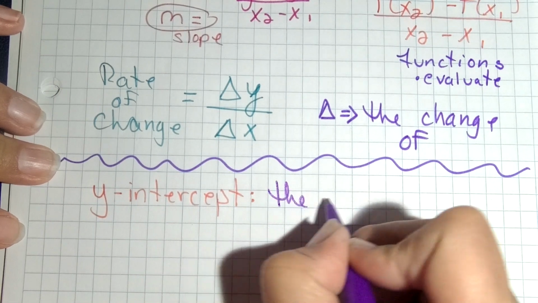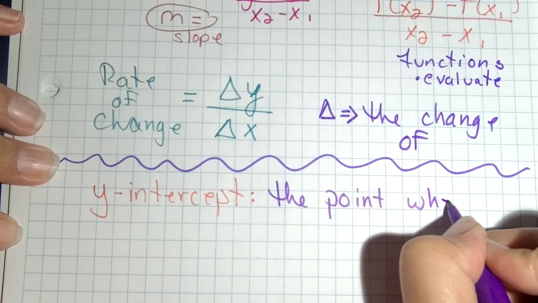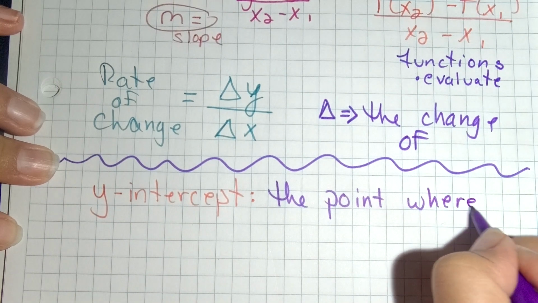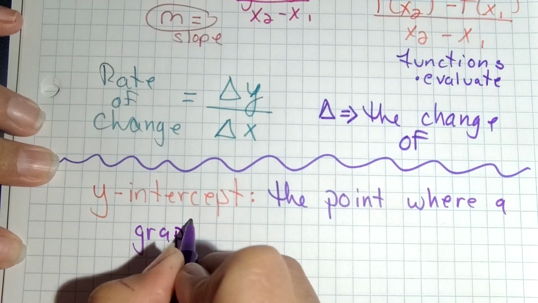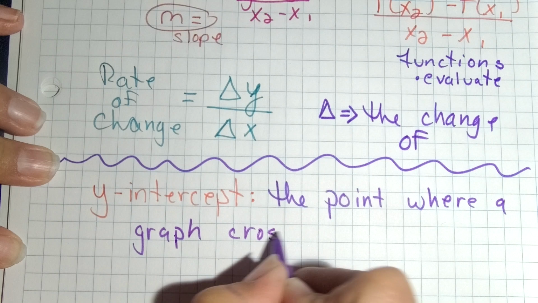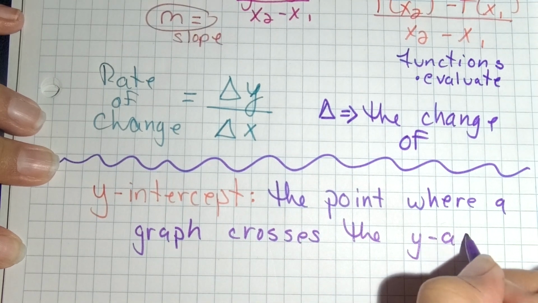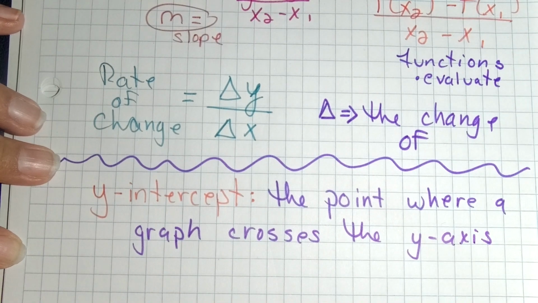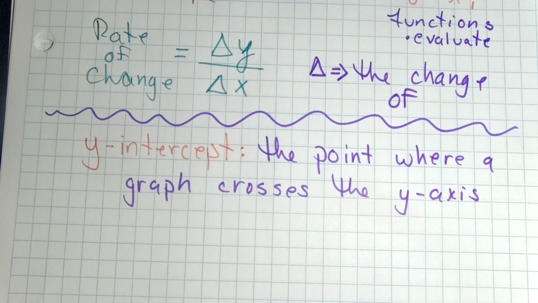Okay, good. The y-intercept is the point where a graph crosses the y-axis. The point where the graph crosses the y-axis.